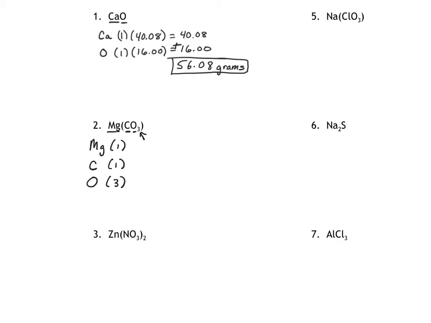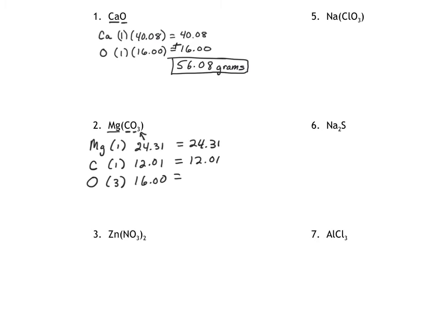So now I'm going to find the weight of each of these elements. So magnesium is 24.31. Carbon is 12.01. And then oxygen is 16. So 1 times 24.31 is the same thing. 1 times 12.01 is the same thing.